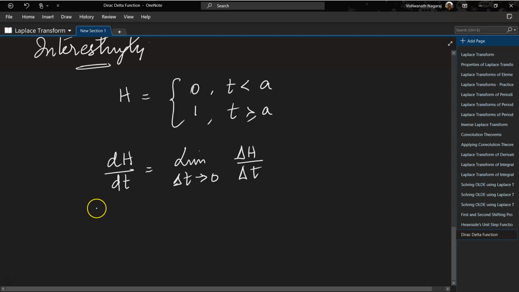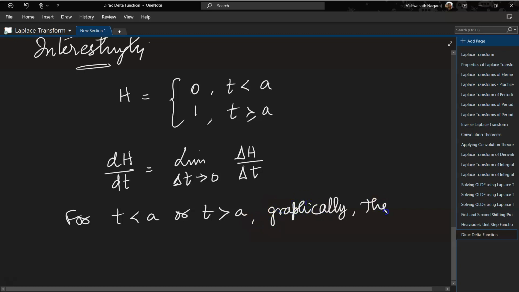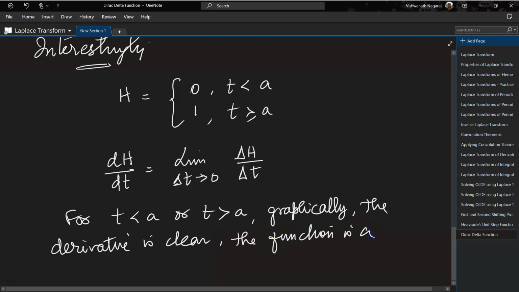Remember, for t less than a or t greater than a, graphically we can see that the derivative is clear, because it's just a straight horizontal line. The function is a straight horizontal line.